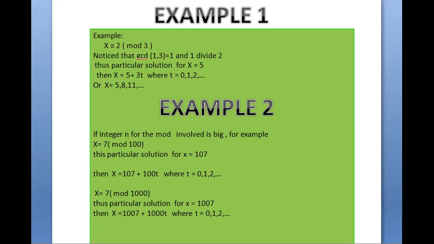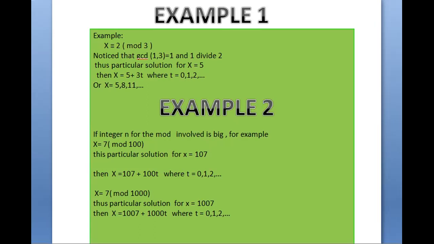Example 2. If the integer n for the mod involved is big, for example, x ≡ 7 (mod 100). In this case, a particular solution is x equal to 107. Then x equals 107 plus 100t, where t can be 0, 1, 2, and so on.